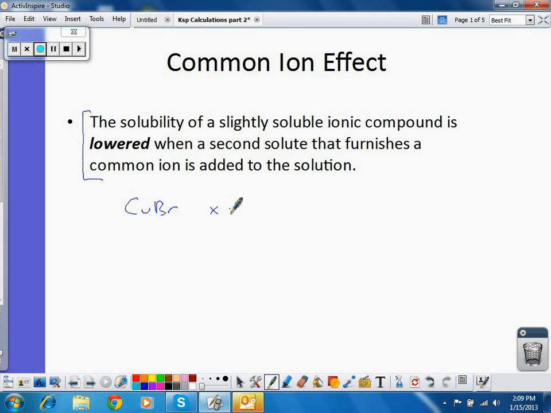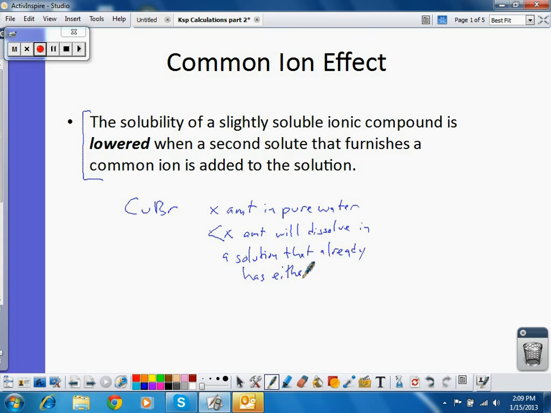Well, if X amount dissolves in pure water, then some number smaller than X amount will dissolve in a solution that already has either copper 1 ions or bromide ions.